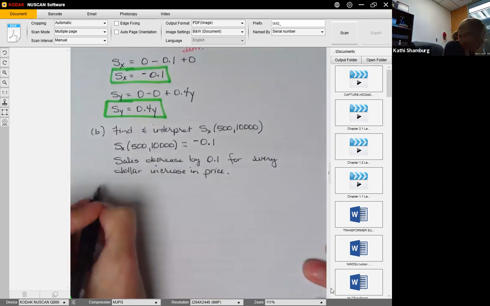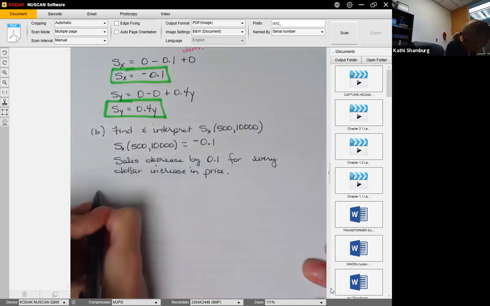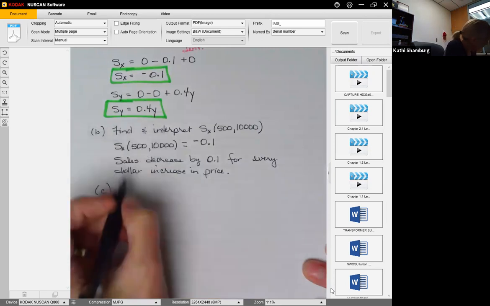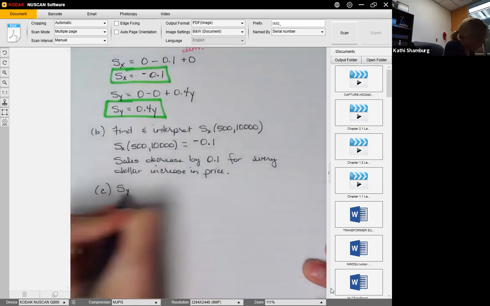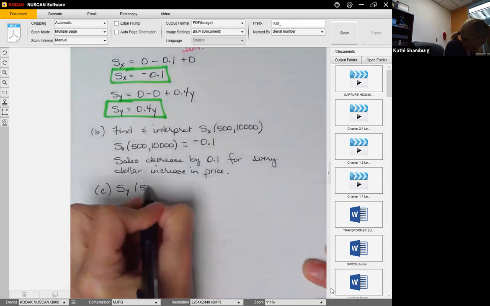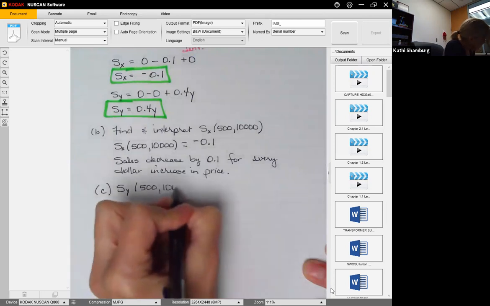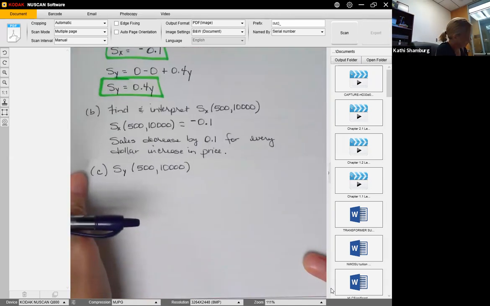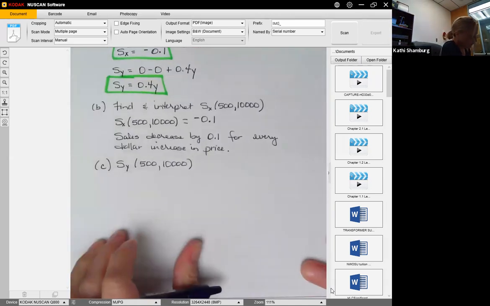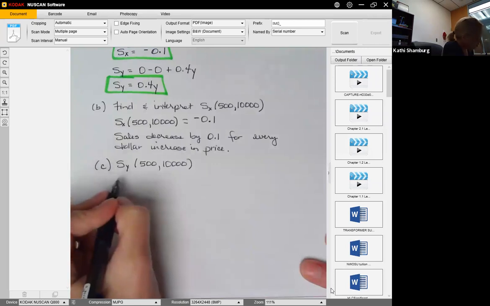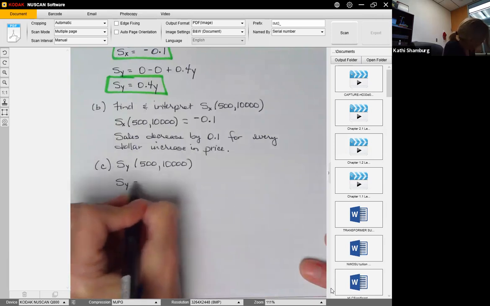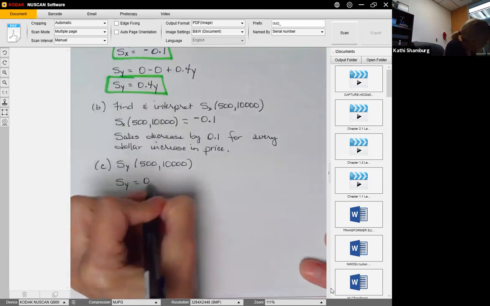All right, so C, find and interpret S sub y at 500, 10,000. And so when you're looking at it with respect to y, we have 0.4y.